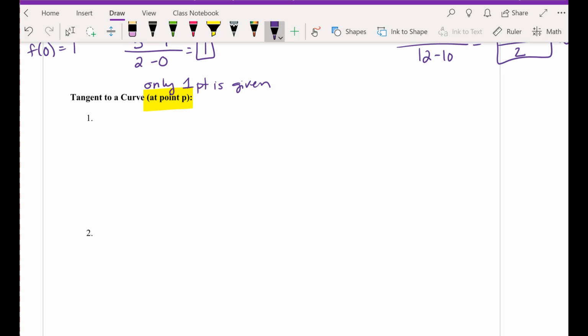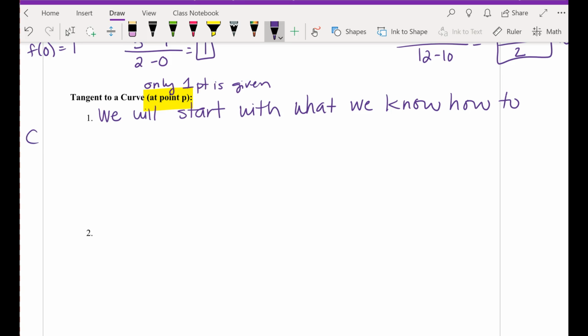Here we go. We will start, and I'm going to try to write slowly, with what we know how to calculate, which is finding the average rate of change.